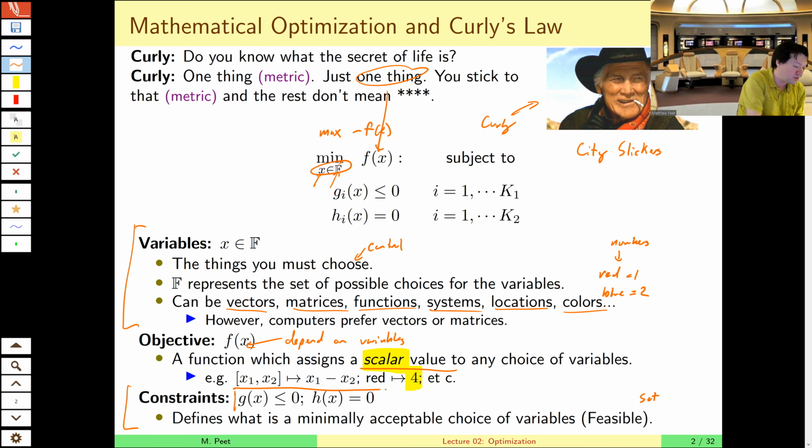And here we've formulated it in this form, with inequality and equality constraints. Equality constraints are, say, if I have apples and oranges, and I want my total number of apples and oranges to be equal to 12, then that's an equality constraint: number of apples plus number of oranges equals 12.